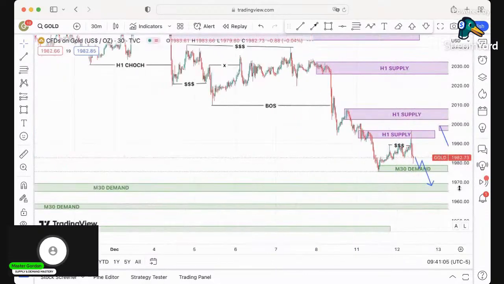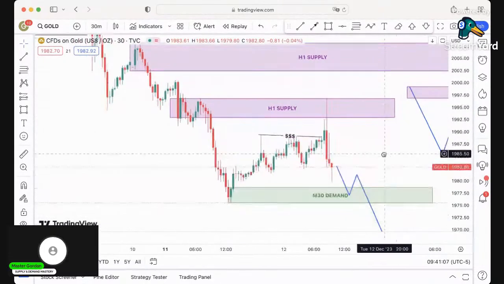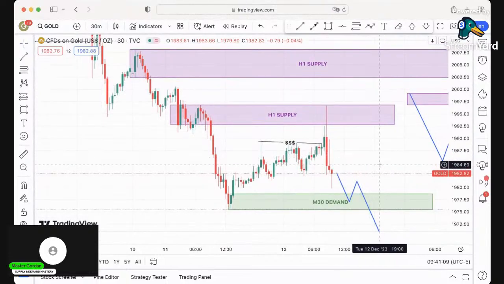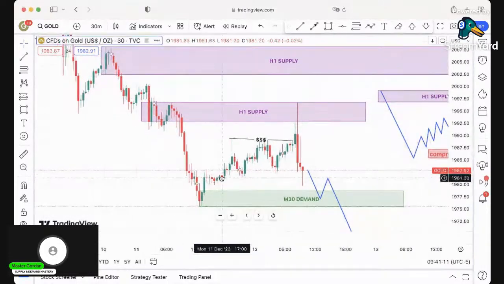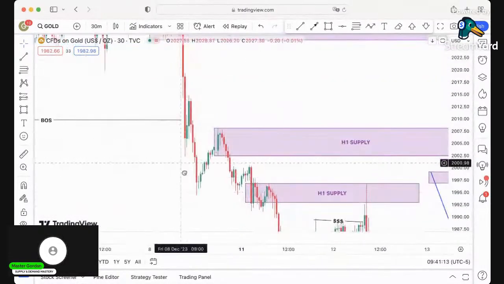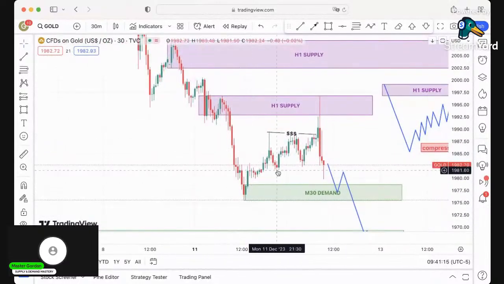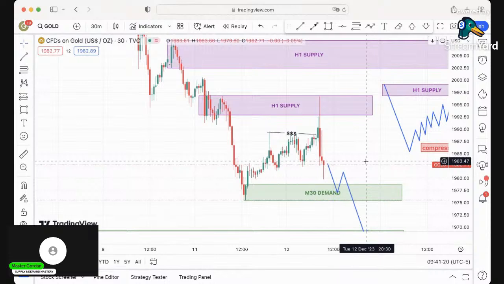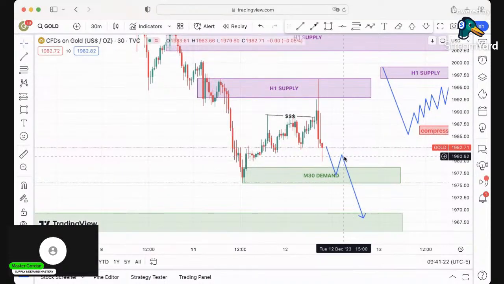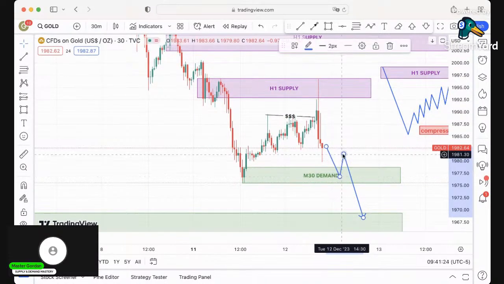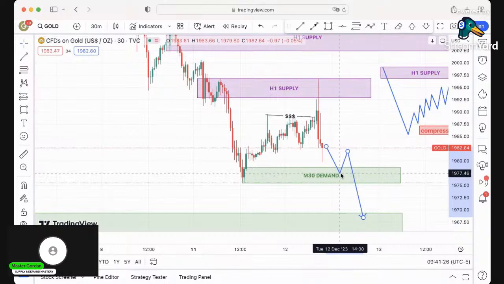Then why not just go into a lower time frame and find a sniper entry? This is how we can refine our zone and get a small zone, maybe around 30 pips in the lower time frame instead of 100 pips on a higher time frame. Do you understand me?